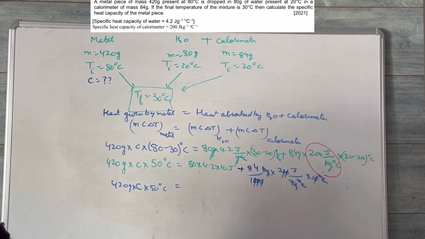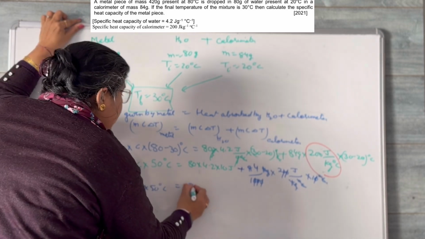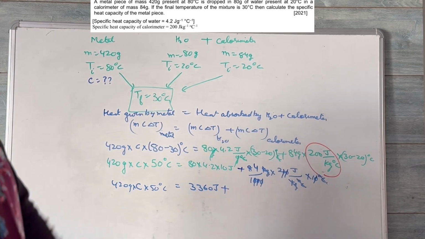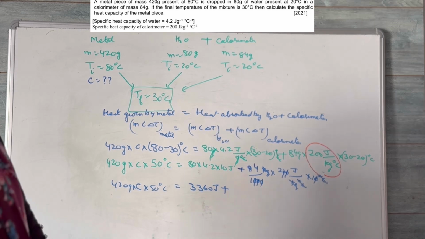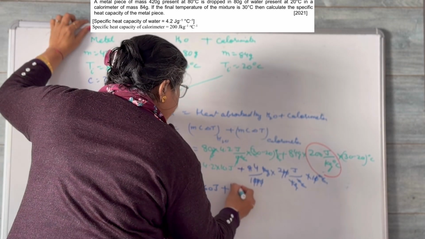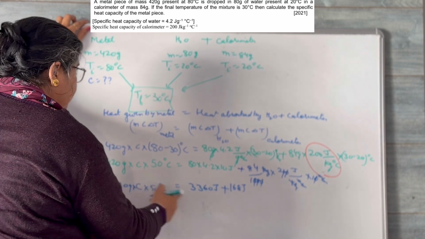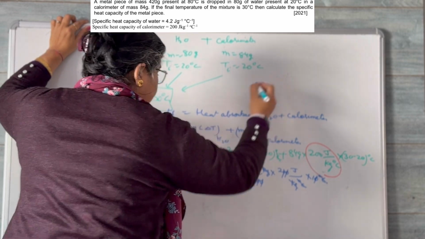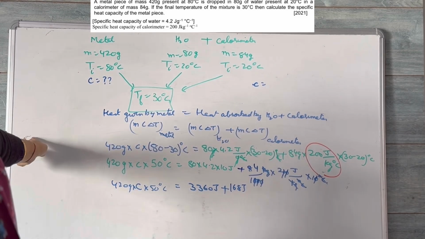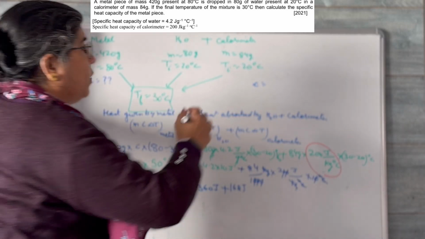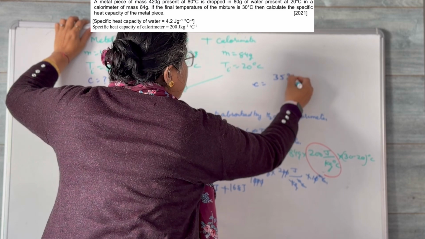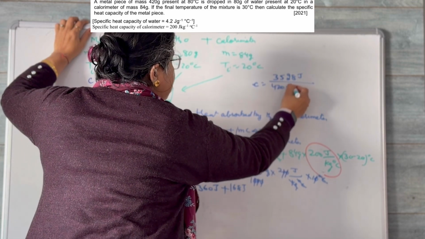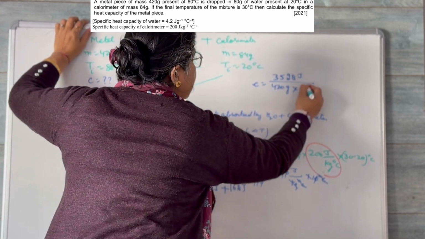Into 4.2. This becomes 3360 joule plus 84 into 2, that is 168 joule. Add them up and you will get C. I am writing here: C will be 3360 plus 168 is 3528 joule, divided by 420 grams into 50 degree centigrade.